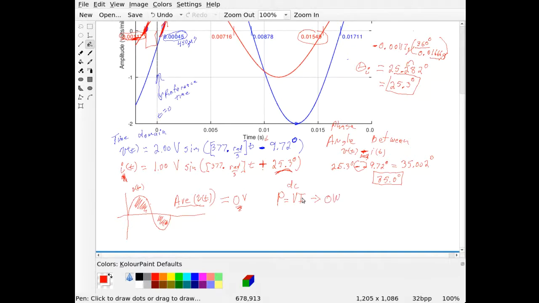But we know for a fact that AC does provide power. If you tried to use the average over a period, the average of the voltage would be 0, and the average of the current would be 0 also. So we can't use the average value.